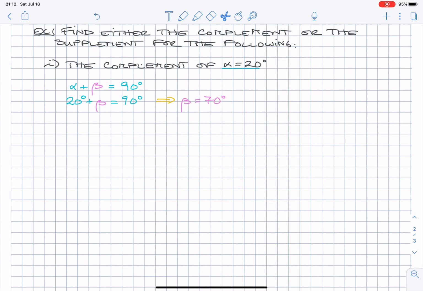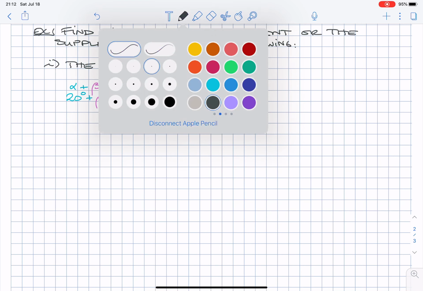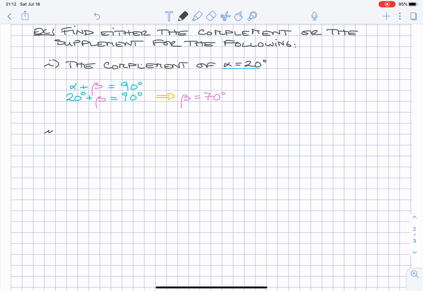Let's see if I can move this up a line. Is that too cramped or is that okay? Maybe that's okay. I think you can read that. Okay, so number 2. Let's find the supplement of, let's have beta this time be given as 120 degrees.